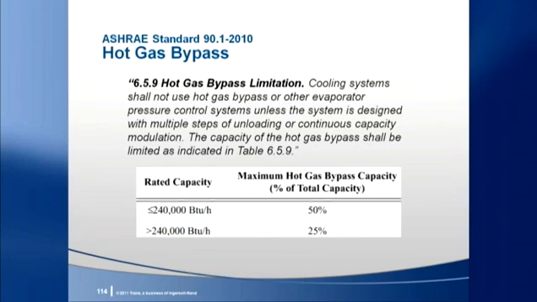This is necessary so that hot gas bypass can trim the unneeded refrigeration effect and match the load. But the trim portion of the refrigeration effect is wasted energy and makes the system run at abnormal head and suction pressures. Abnormal pressures can also occur when the refrigerant heat recovery or hot gas reheat is used.